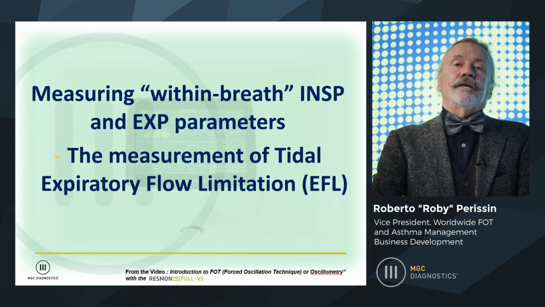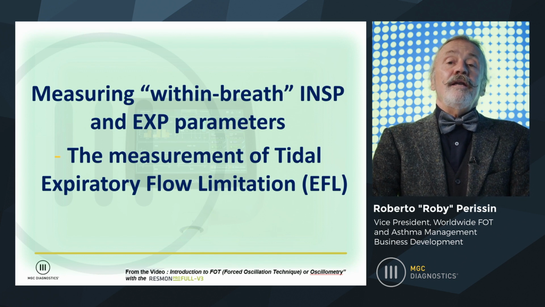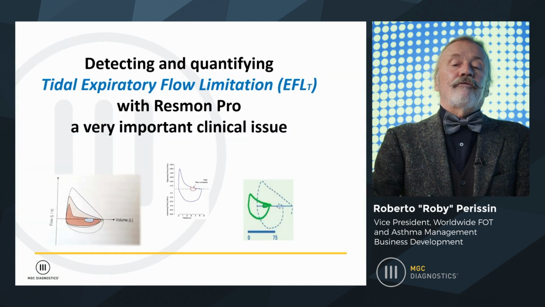Another special thing that we can do now in oscillometry with the Resmon Pro is to measure the within-breath parameters, inspiratory and expiratory, that leads to measuring tidal expiratory flow limitation.